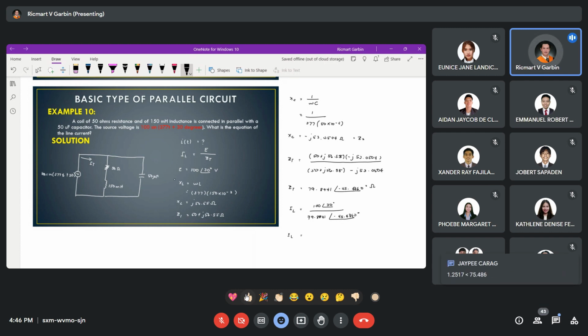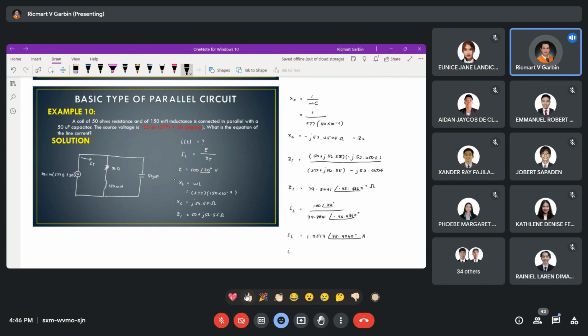So we have 1.2517 bar angle 75.4860 degrees ampere.